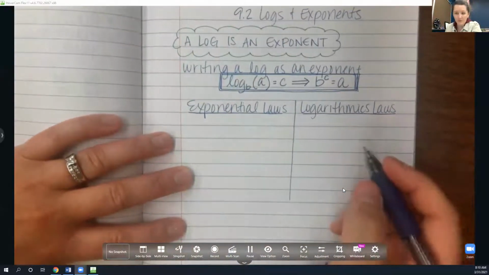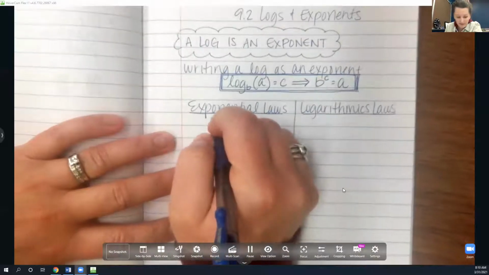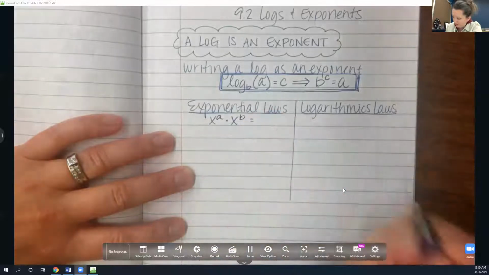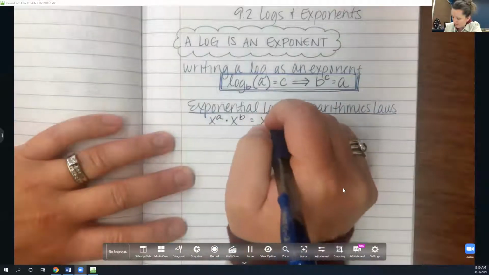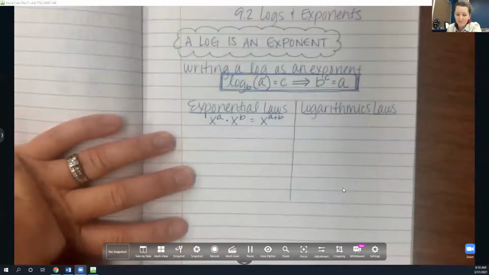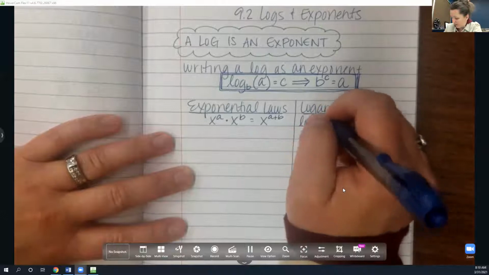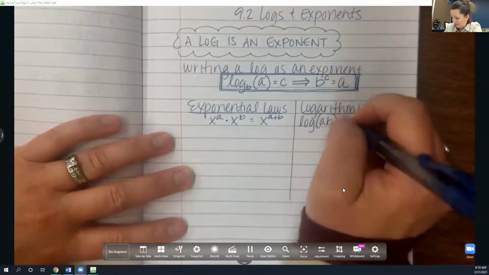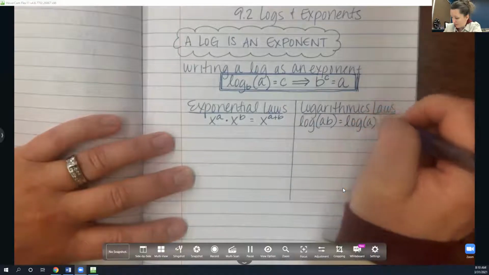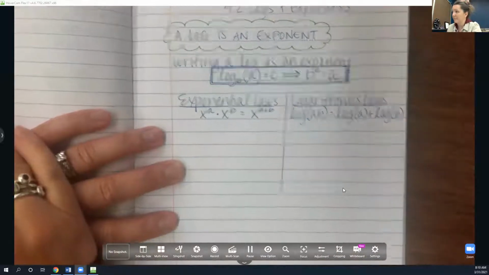If you enjoyed doing the exponents, then you'll enjoy this. In multiplying, x to the a times x to the b, you add your exponents, x to the a plus b, when your base is the same. Remember, base is the same. It's the same thing with a logarithm. Log of a times b is equal to log of a plus log of b, okay?